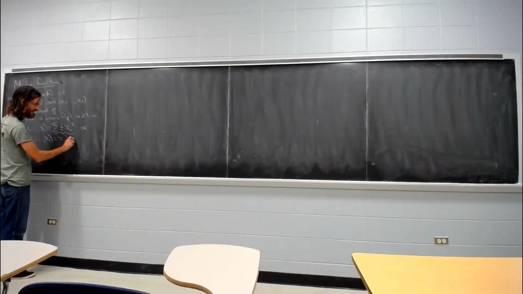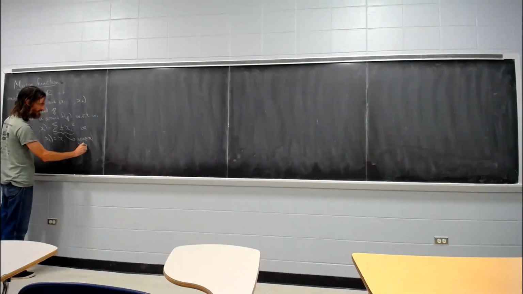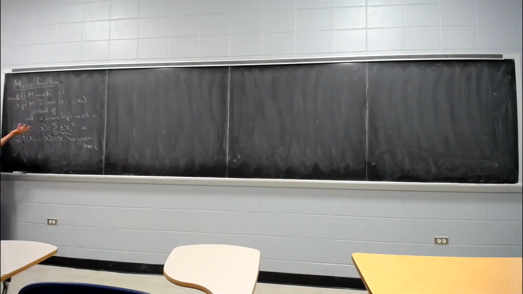I just think of this as the general Morse coordinate maps. So in dimension 2, in the domain, you either have x squared plus y squared, that's a hole, or x squared minus y squared, that's a saddle, or minus x squared minus y squared, that's a cap, right?